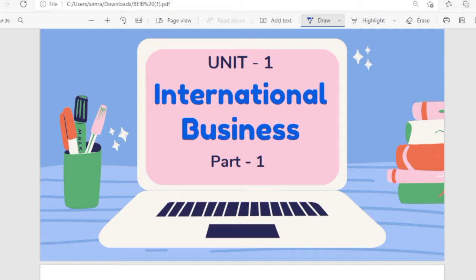So what happens when there is a trade or business between two countries? First, the country to which part of the business is transferred will get employment. Suppose UK wants India to handle the sales department and customer service department.